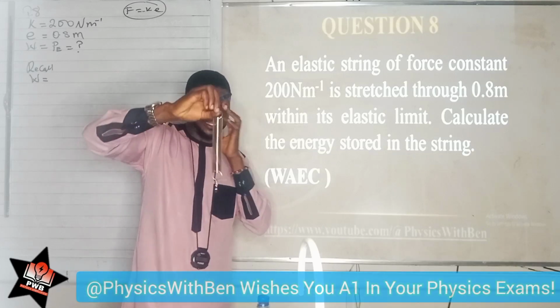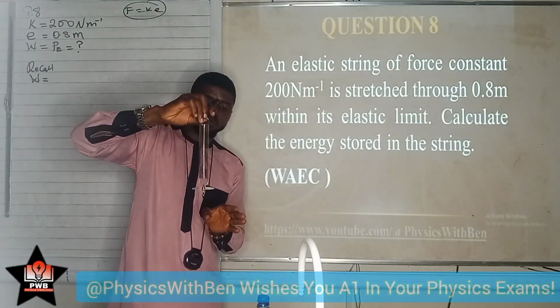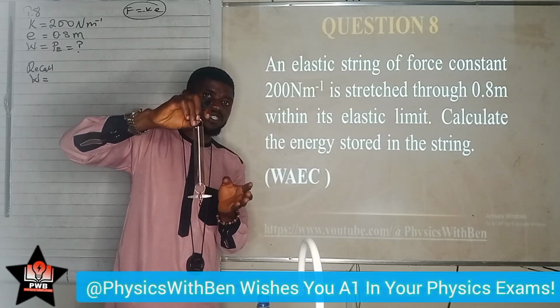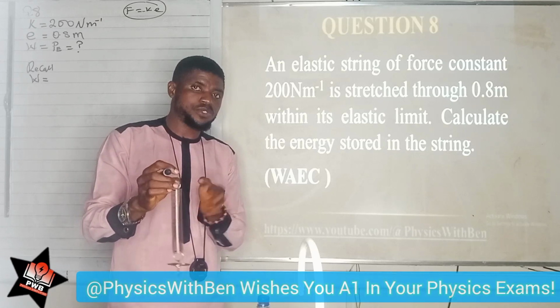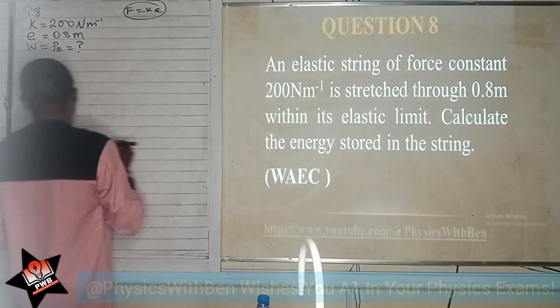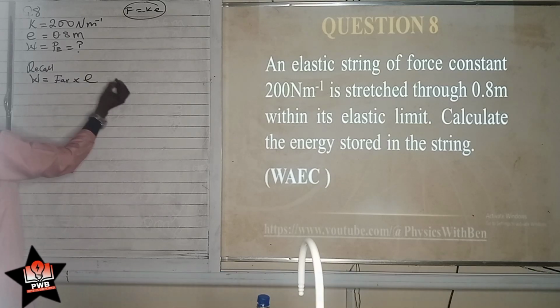The average force is the initial force plus the final force divided by 2. The work done is the average force times the extension.